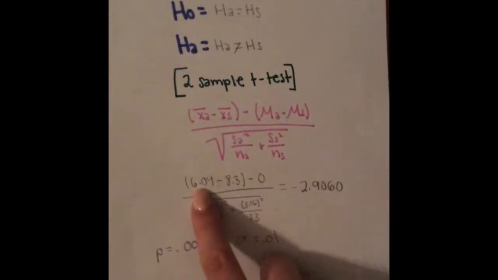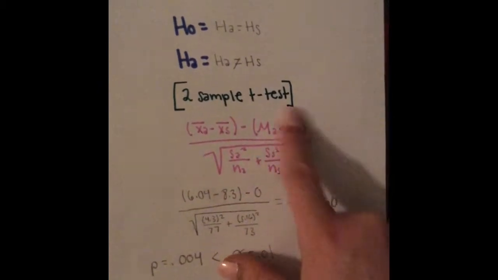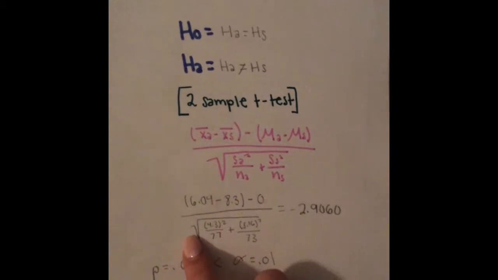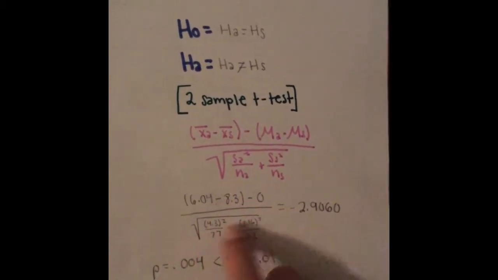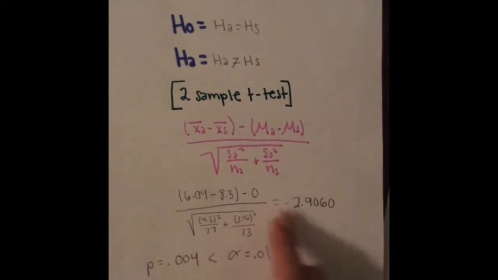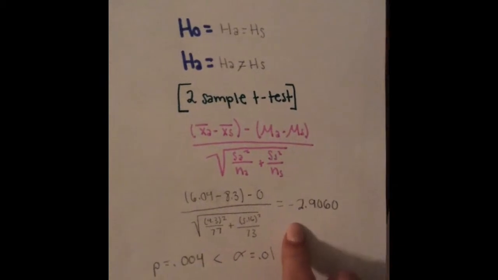When we plug in, we're using the same information from up here. We plug in 6.04 minus 8.3 minus, you see that they're subtracting the means of the population, and so we're just going to put 0, we're assuming there's 0, over the square root of 4.3 squared over 77 plus 5.16 squared over 73. And that gets you negative 2.9 for your t value.